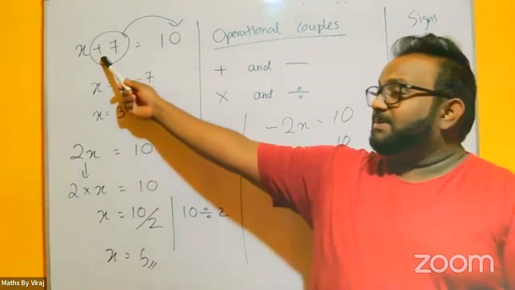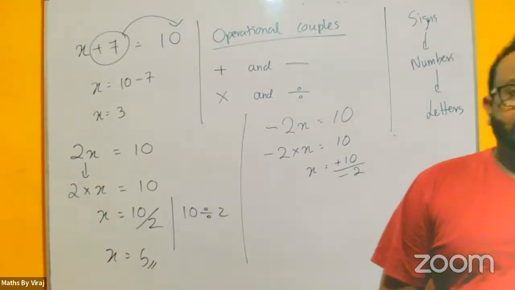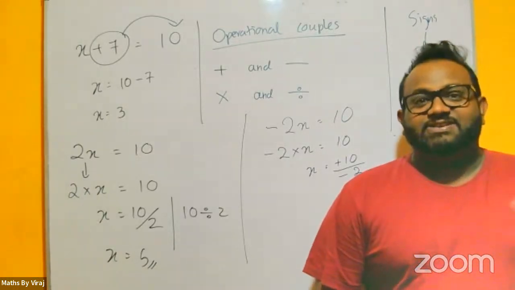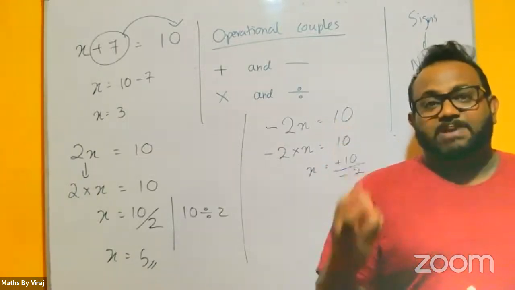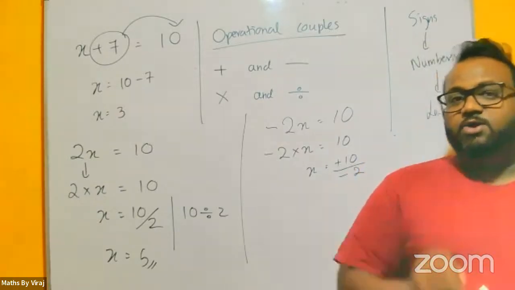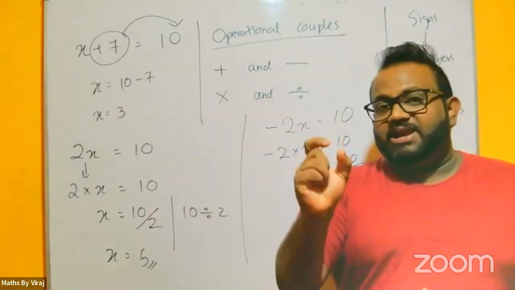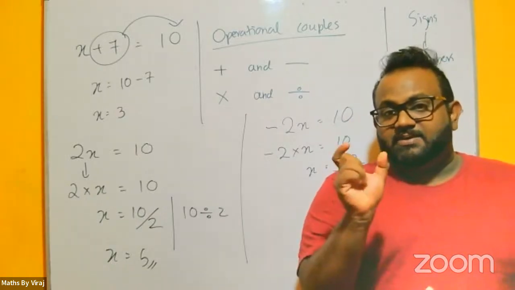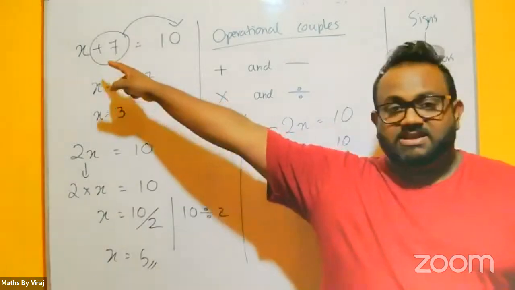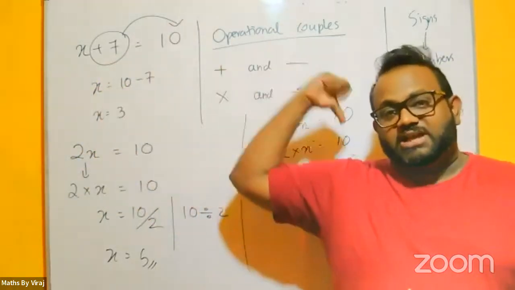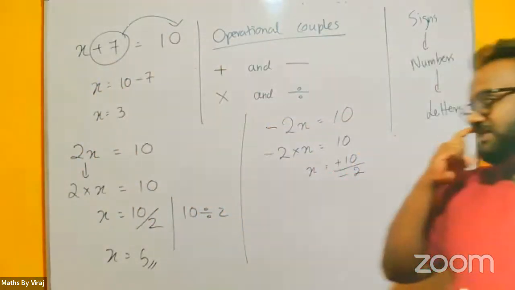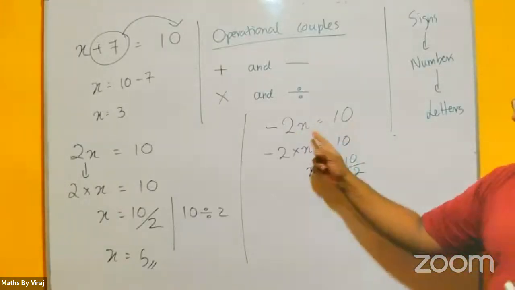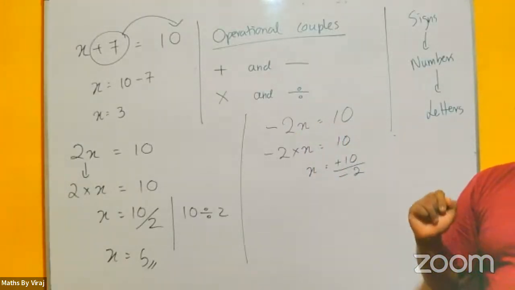Here, x plus 7. Yes, somebody might claim that it is positive 7. The sign of 7 is plus. Correct. But you should also understand that the operational symbol that combines x and 7 is plus. Therefore, this plus goes to the other side and becomes minus. In this particular instance, we don't see minus 2 becoming plus 2.